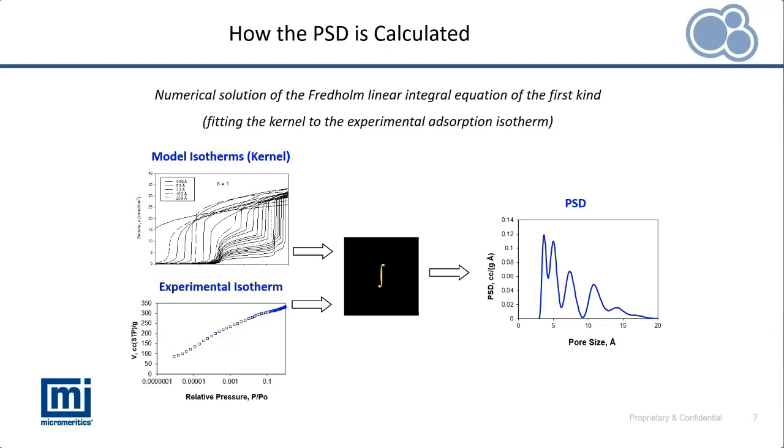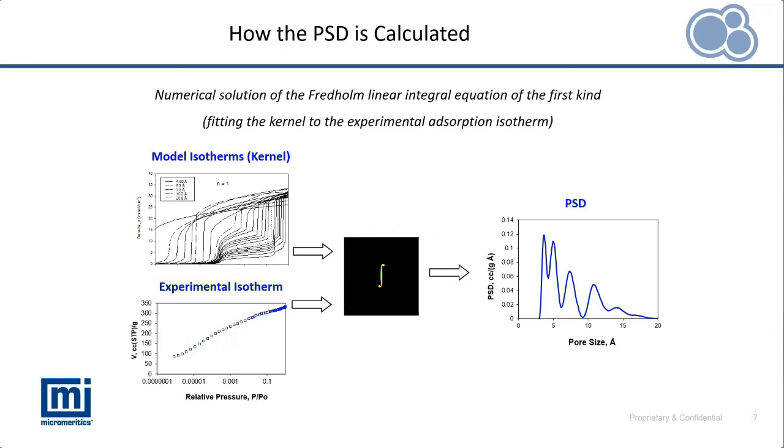To calculate the pore size distribution from the experimental isotherm, we fit the kernel to that isotherm. And the fitting procedure is here, that I call jokingly the black box.